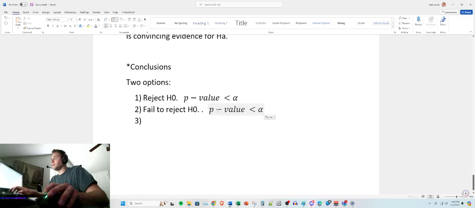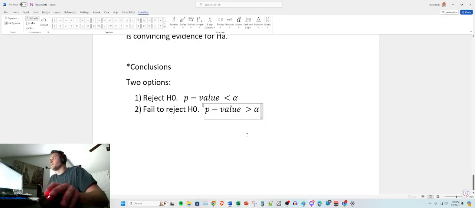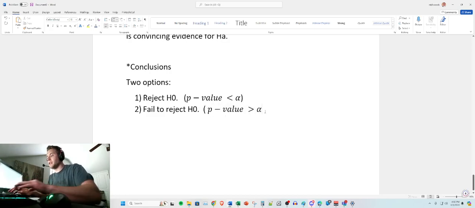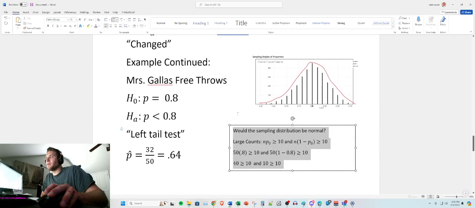And if the p-value is greater than alpha, you will fail to reject. So that's pretty much what it boils down to with the logic of testing. We wrote this; I wasn't really ready to get into that yet. I probably should have waited. We'll come back and talk about this in a second.